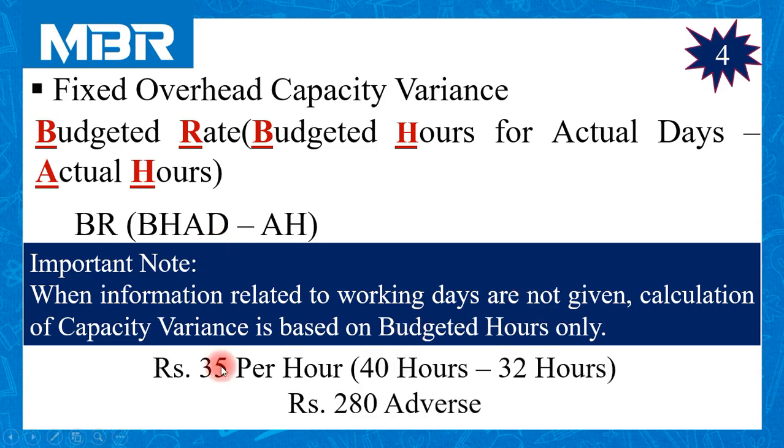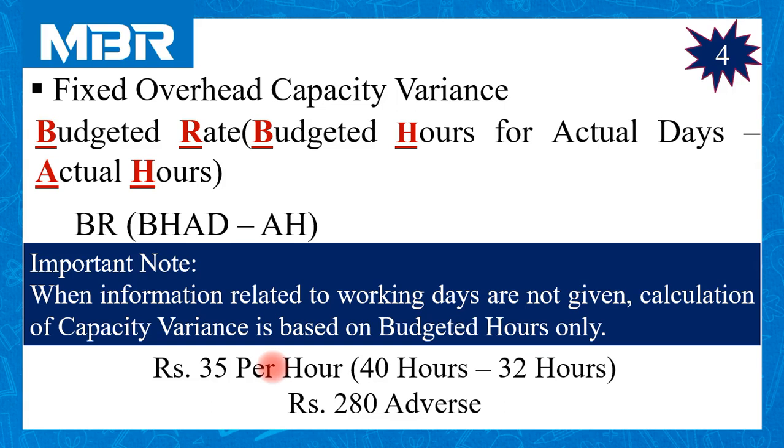Budgeted rate rupees 35 per hour. Budgeted hours for actual days 40 hours minus actual hours 32 hours. Here we have considered budgeted hours 40 as it is given in the very first line of the question, without conversion into budgeted hours for actual days, because information related to actual days is not given, so we cannot calculate this. But we can calculate capacity variance directly using budgeted hours.